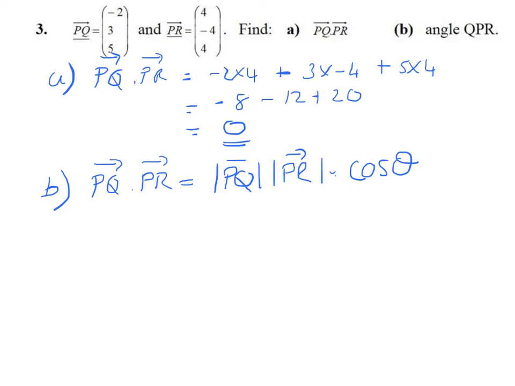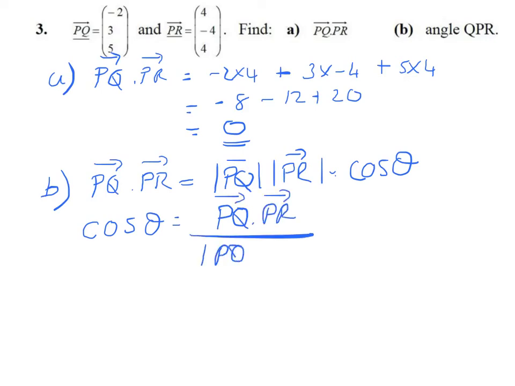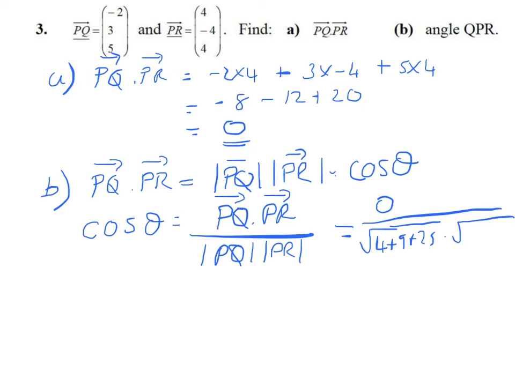We want to find the angle in between. So we're going to rejig things and we get cos theta equals the dot product divided by the two magnitudes multiplied. I can sub in 0 on the top. Magnitude of PQ is the square root of each of my components squared, so it's 4 plus 9 plus 25, and I'm multiplying that by the magnitude of PR using my 3 components there.